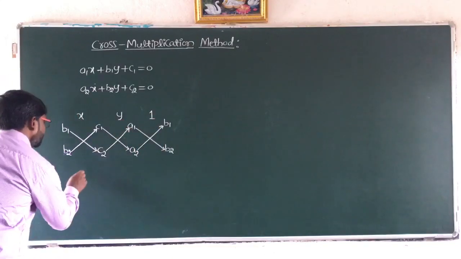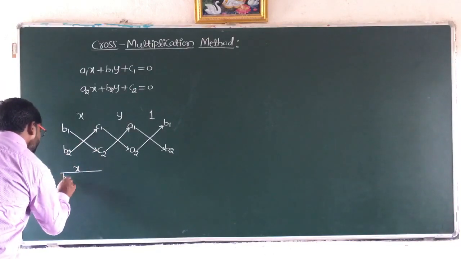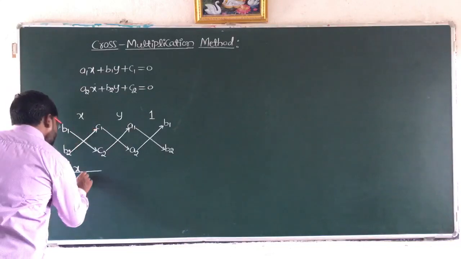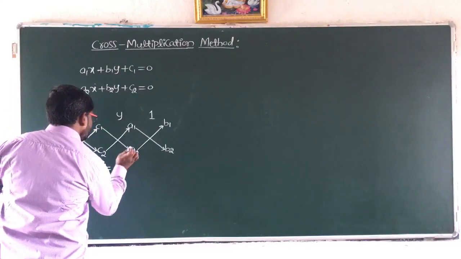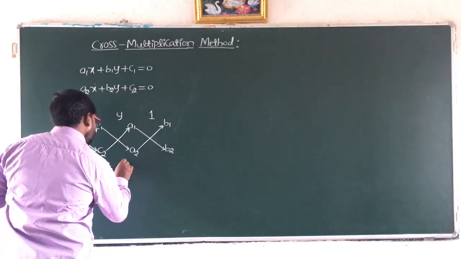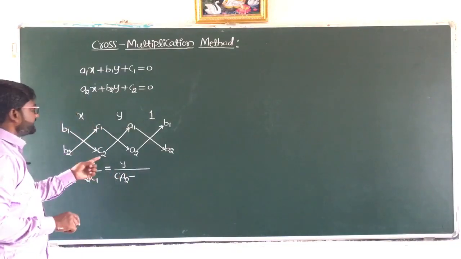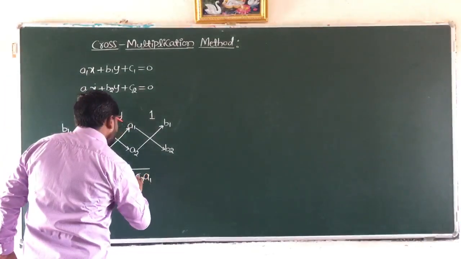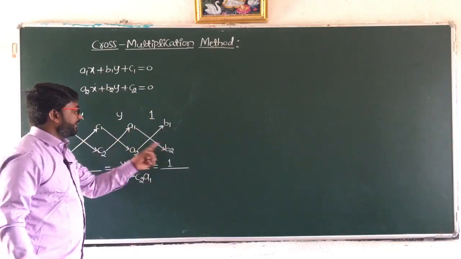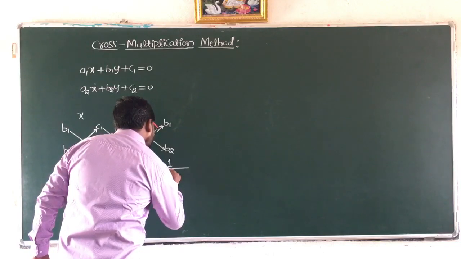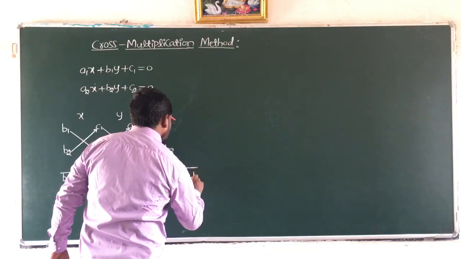So this can be written as x divided by b1 c2 minus b2 c1, equals y divided by c1 a2 minus c2 a1, equals 1 divided by a1 b2 minus a2 b1.